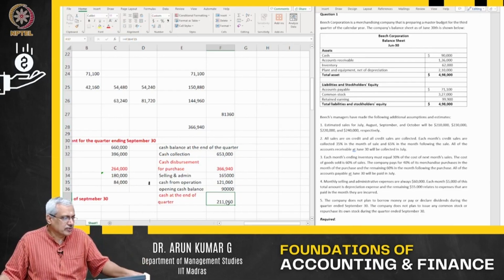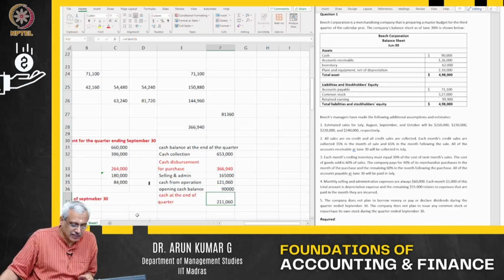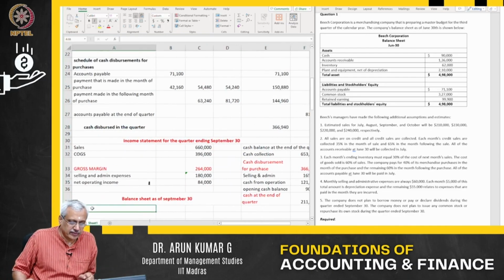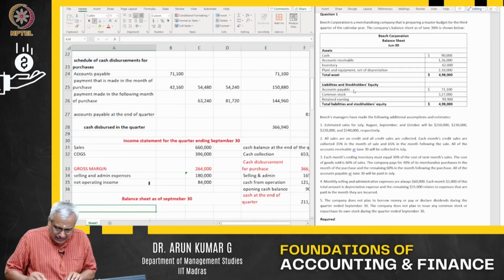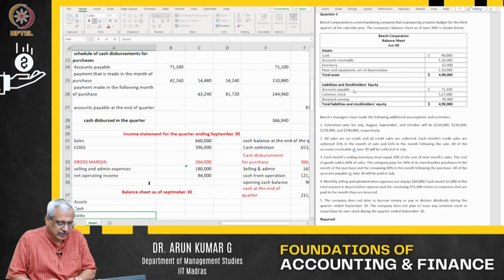Now I am moving towards preparing the balance sheet. Let's go to the balance sheet in this case. Assets: cash, of course, and accounts receivable.